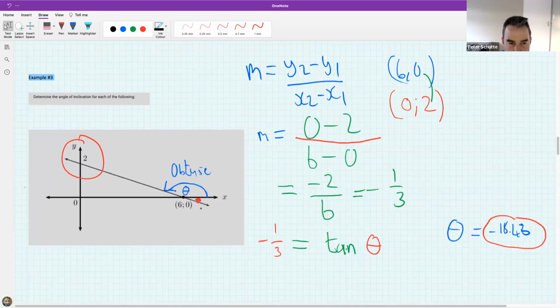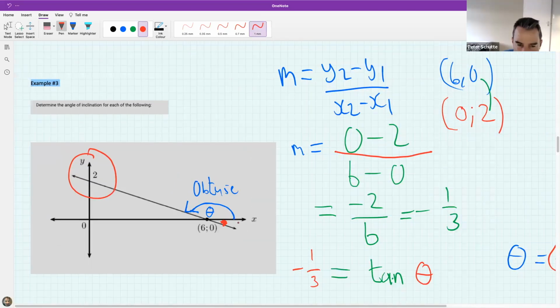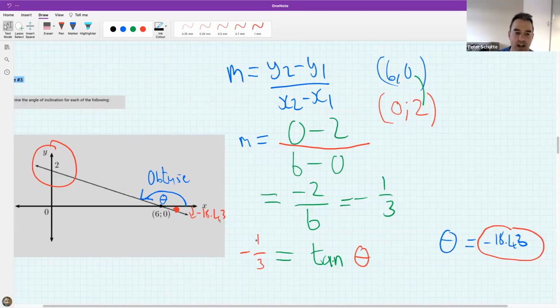Because this is going in the negative direction, this is negative 18.43. This is the angle that your calculator is picking up. Now, in order to get the big blue one, because this is a straight line, all you need to do is add 180.